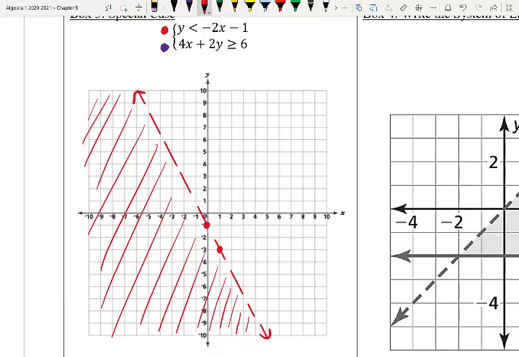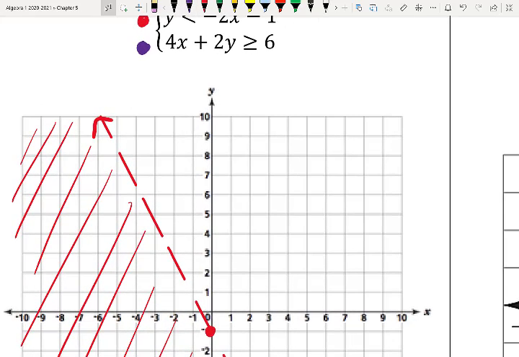My blue equation, or in this case actually my blue inequality, I could try and do the boot method on it. If I do my boot method on x to find my y-intercept, I get a y-intercept of 3, which is fine. But it doesn't work out nicely for my x-intercept because I end up with a fraction. So what I want to do here is a little bit of rearranging.